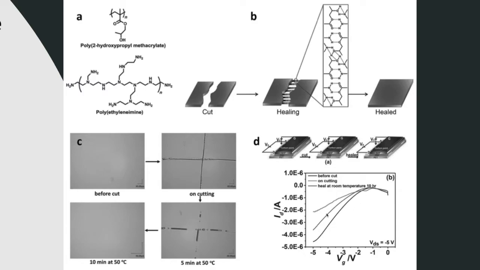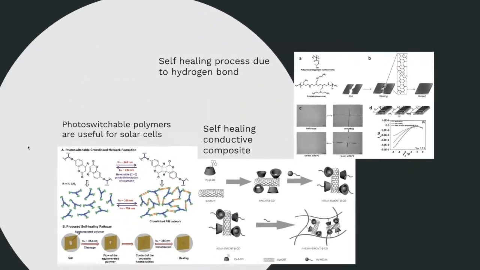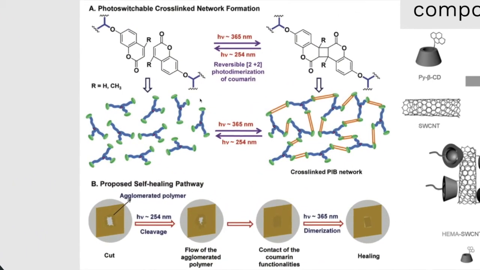They have a gap here, right? And then also the photo-switchable crosslink network formation. If you see UV like this, it means light, with a 365 nanometer wavelength. Some polymers behave differently according to the light.